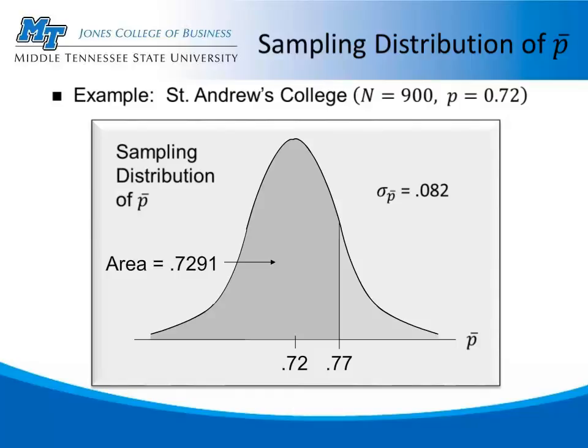Now this picture shows it on the p-bar scale. We want to find the probability that p-bar is less than or equal to 0.77. And that turned out to be 0.7291. But the 0.77 is 5% above the mean.